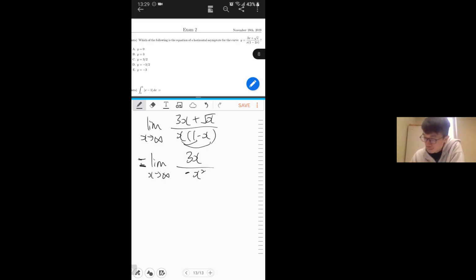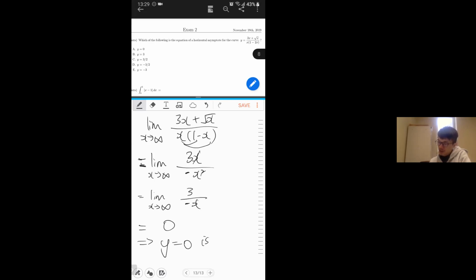Is it okay? And now divide by x, you get 3 over negative x. So what happens when I take x to infinity? Zero. So that means y equals 0 is a horizontal asymptote. Questions?